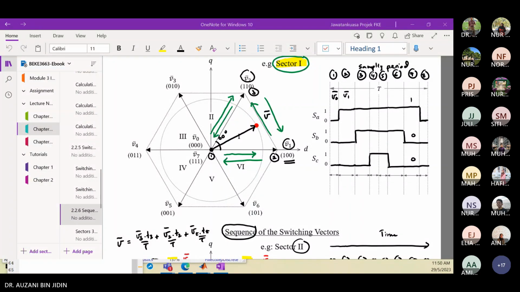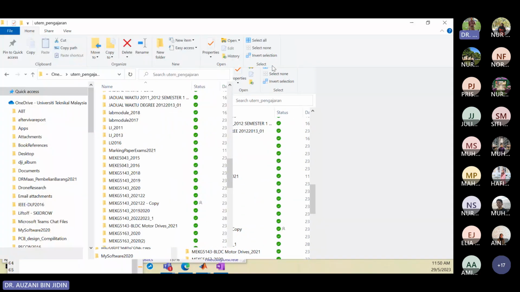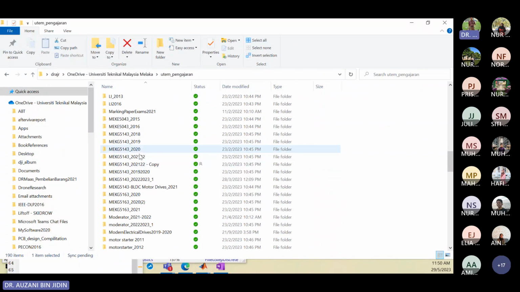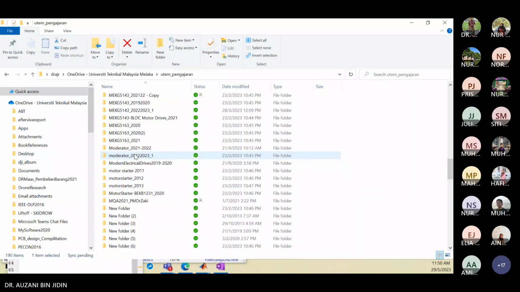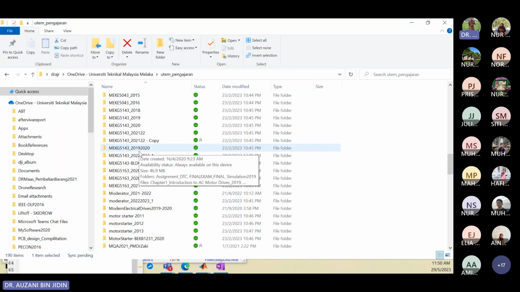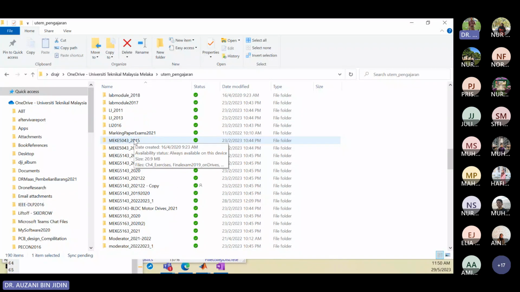MEKG. Actually, this content for SVM is a master program subject, not degree. 5143. Which code and which subject?